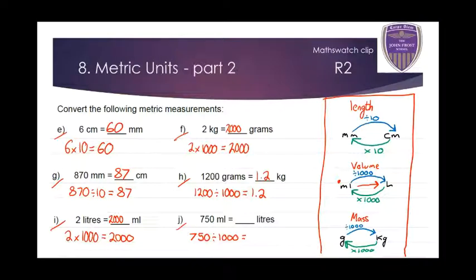So remember, when you divide by 1,000, we're going to move the decimal point back 3 times. And if you do that, you'll end up with 0.75. So that means that 750 milliliters is equal to 0.75 liters.